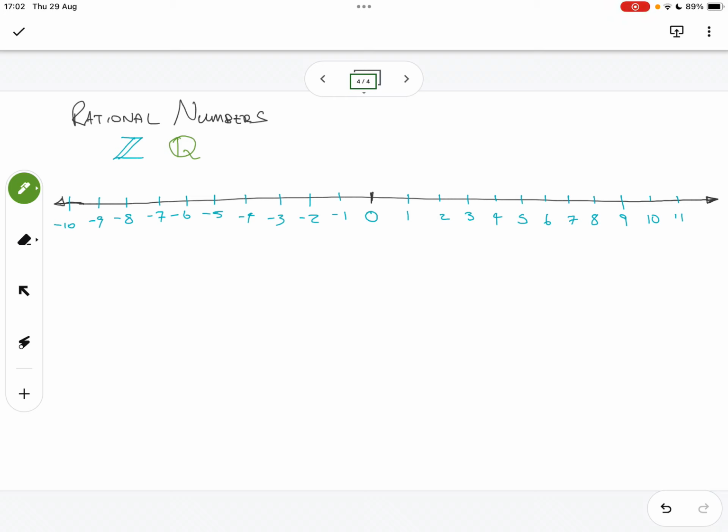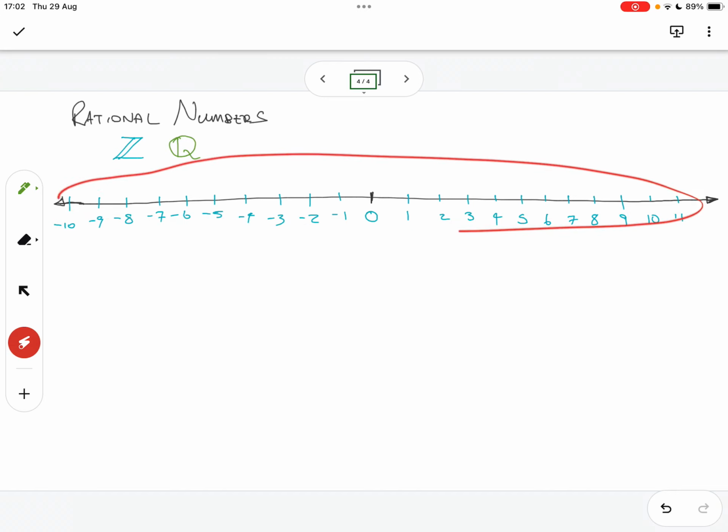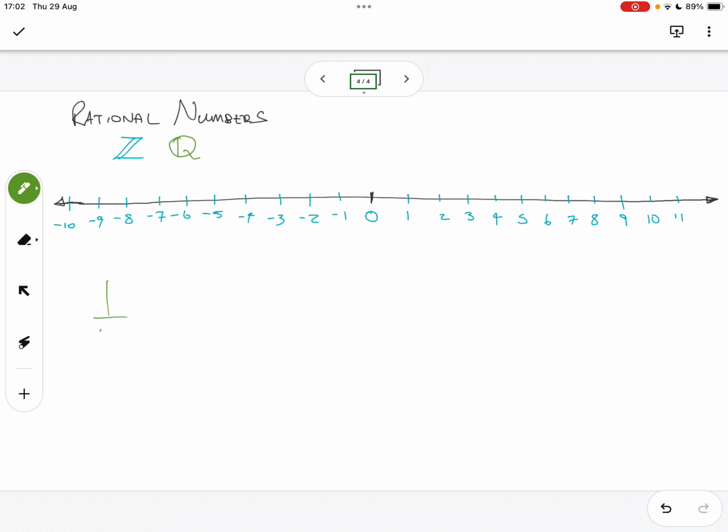If we were to plot 1/2 somewhere on our number line here, where do you think we would put it? At 1. So you're saying half equals 1. That's what you're saying?